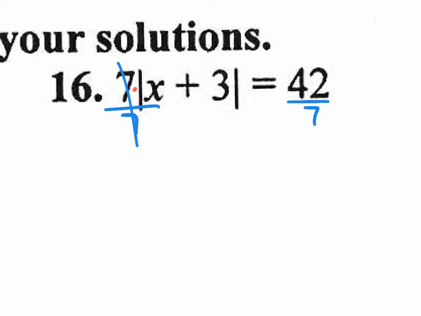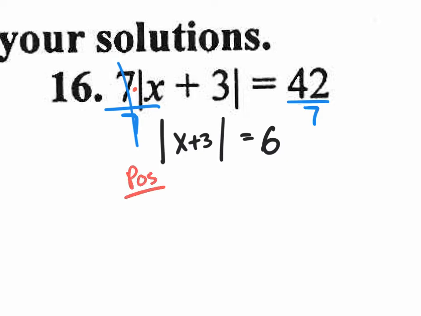So let me rewrite my absolute value equation. So far, it's the absolute value of x plus 3 equals, what is that? 6. So there's our absolute value equation, and it does have the absolute value isolated. And now let's do the positive and negative situation. The positive situation is writing it exactly the way it is, x plus 3 equals 6 without the absolute values.